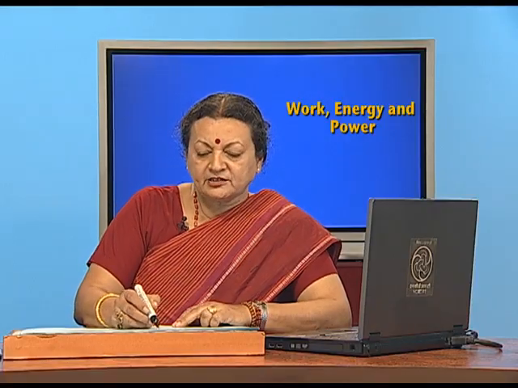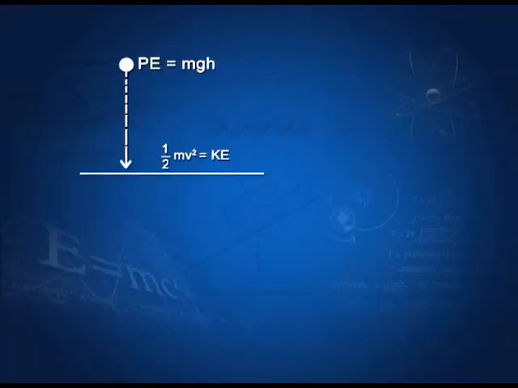Why did we say this value is mgh? Because this height is h and m is the mass of the object. Why did we say potential energy here is 0? Because in reference to this point, the height of the body located here is h, and therefore, this can be taken as 0. So, this is a relative term.